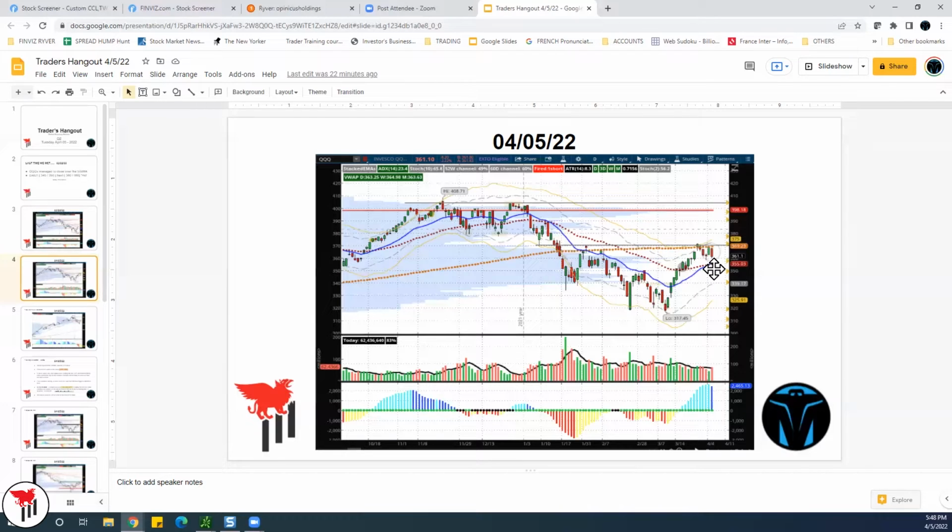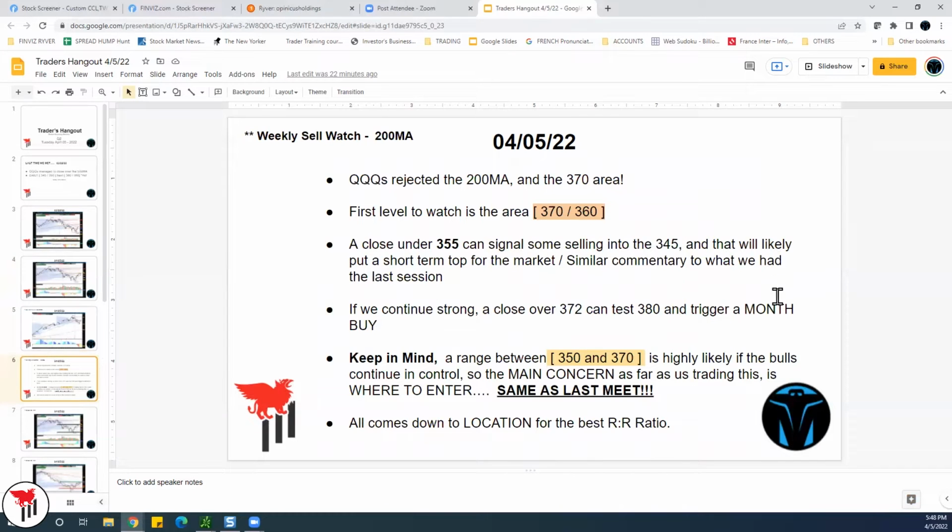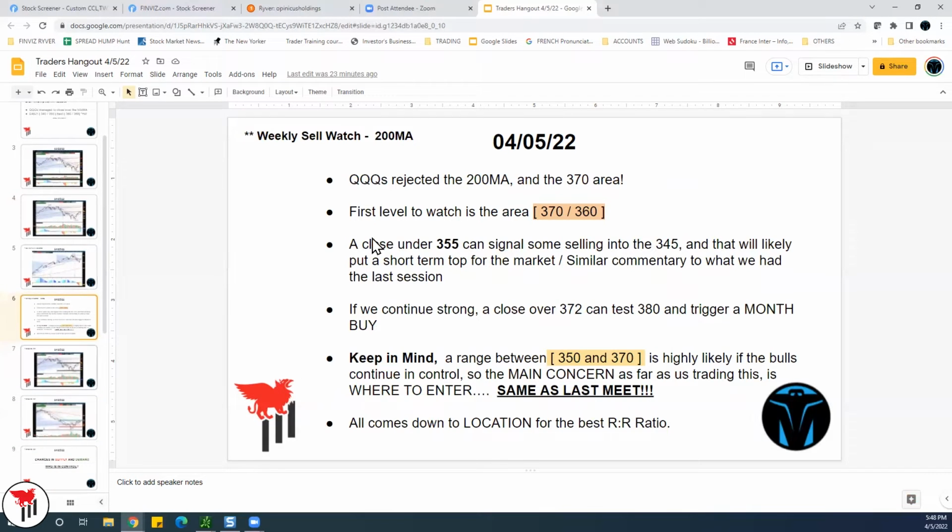So if we can capture 40 points on this thing, that's a 10% move in the market. That's better than what some hedge funds do over a whole year. So that's what we try to do here. That's why we go through all this. It all comes down to location and best RR. So is that clear? Now we have a plan, right?